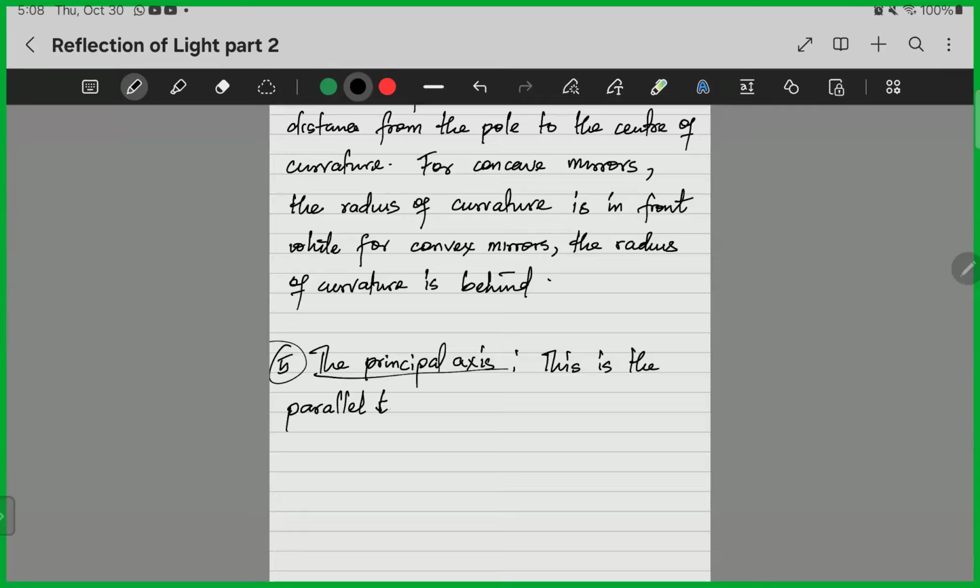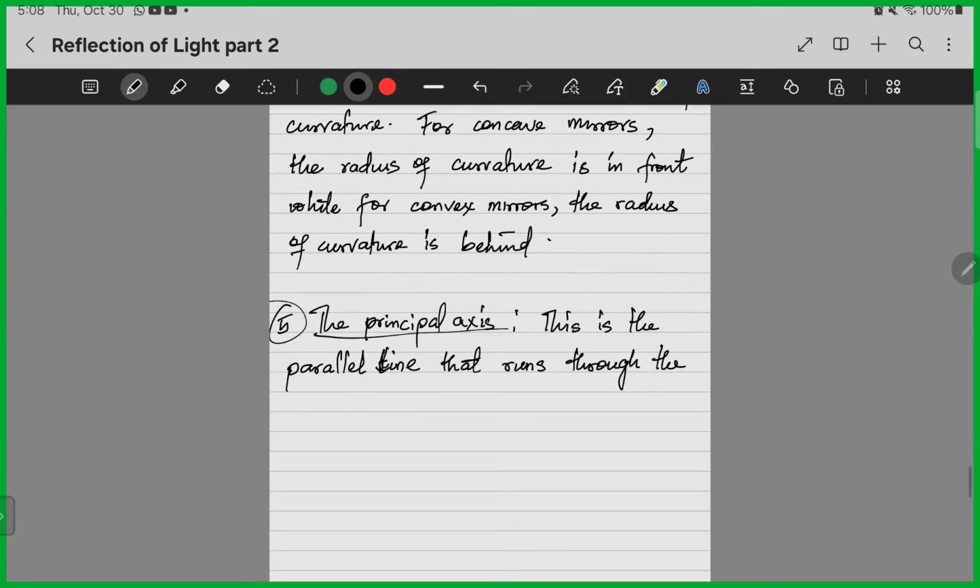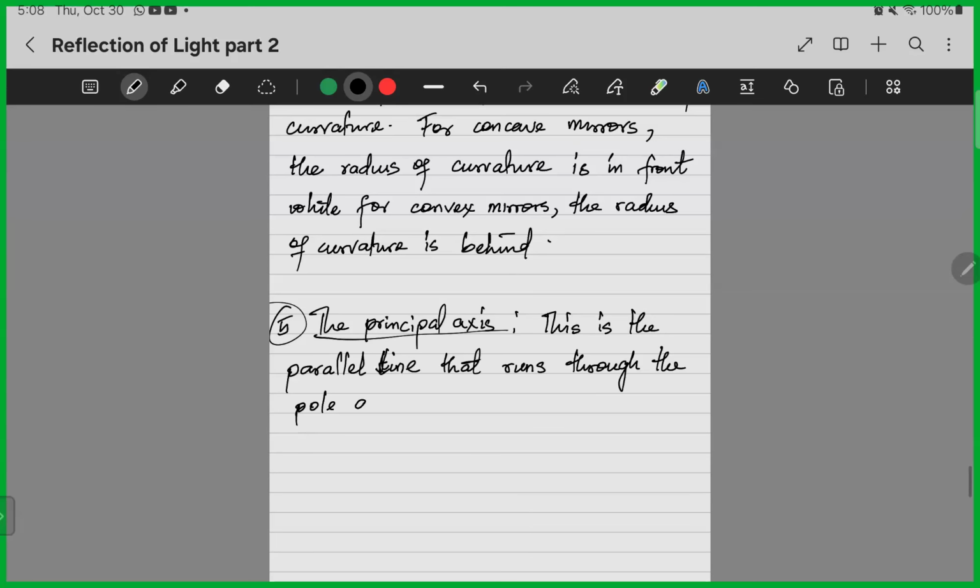That was like the first thing that we drew through the curves. The parallel line that runs through the pole and center of curvature.